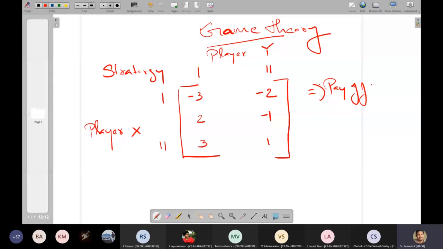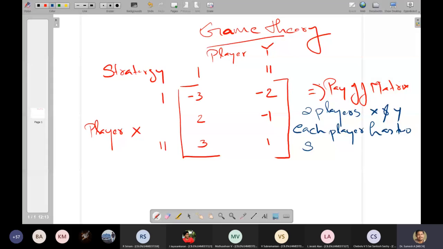There are two players, X and Y, and each player has two strategies, strategies 1 and 2. Elements such as minus 3, minus 2 are against the first row, then 2 and minus 1.